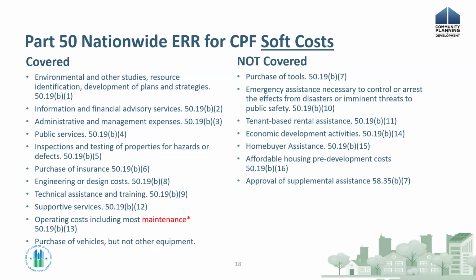So soft costs that are not covered by the Part 50 nationwide environmental review for the CPF soft costs are costs such as the purchase of tools, emergency assistance necessary to control or arrest the effects from disasters or imminent threats to public safety, tenant-based rental assistance, economic development activities, affordable housing, pre-development costs, and the approval of supplemental assistance as well.